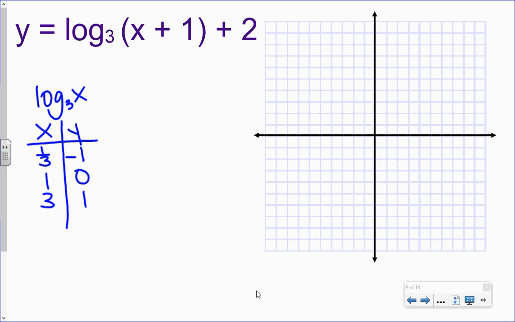I'm hoping you've seen that pattern of what the y column looks like for the exponentials, and now that's becoming our x column for the logarithm graphs. So now, let's talk about what this is going to look like.